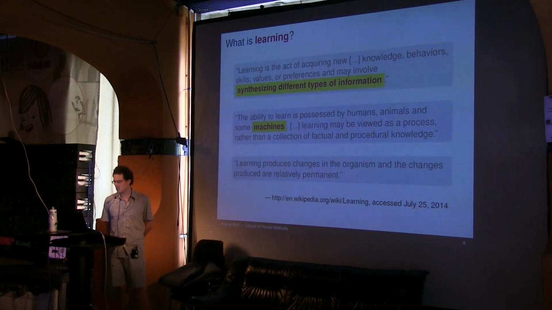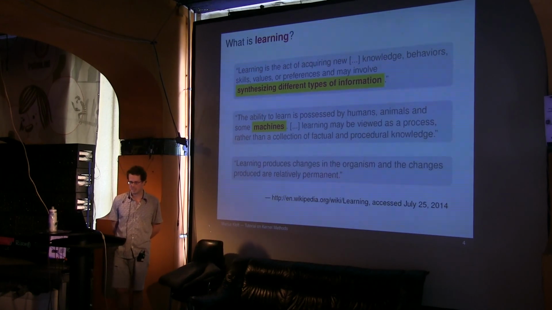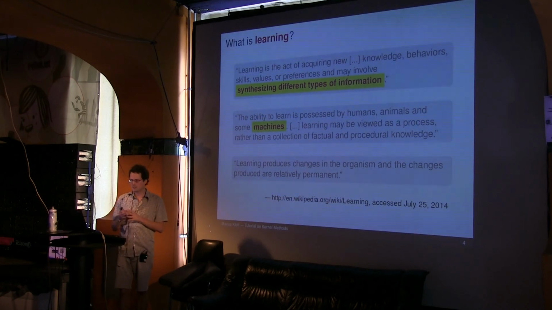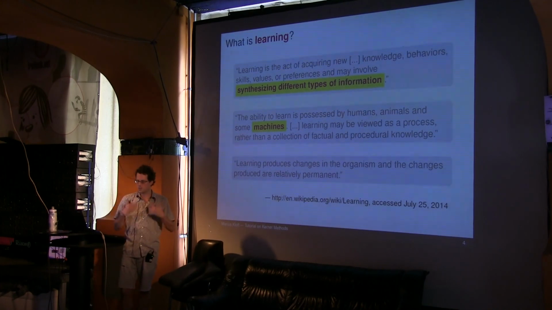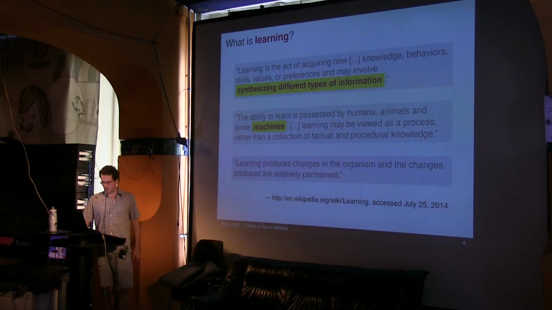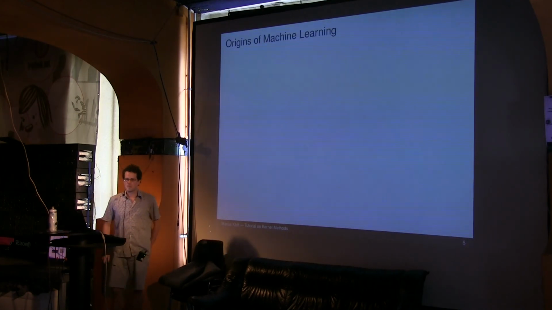And this is much in contrast to what you usually do in computer science, when you come up with a rule of, you know, if the temperature is higher than this, then turn off the machine or something like this. In machine learning, we use different types of information, and every type of information adds a little bit of evidence for the final decision of the learning machine.